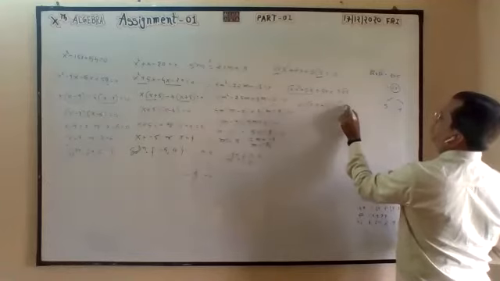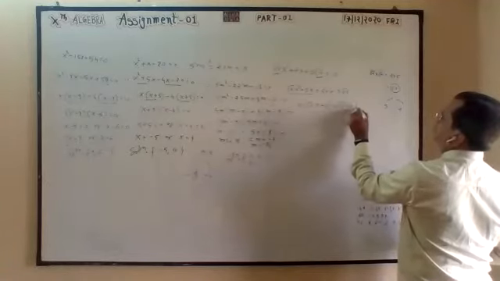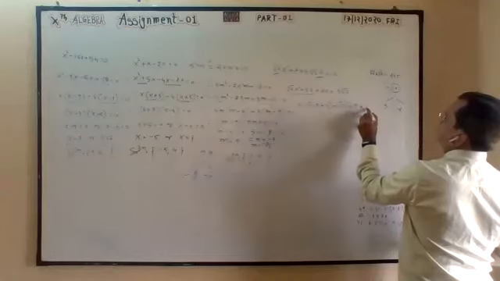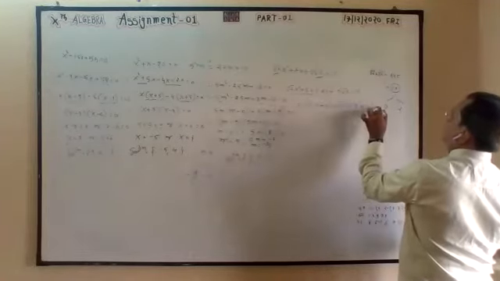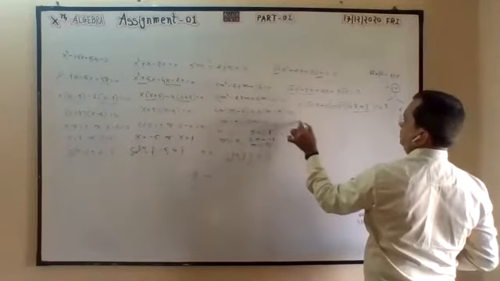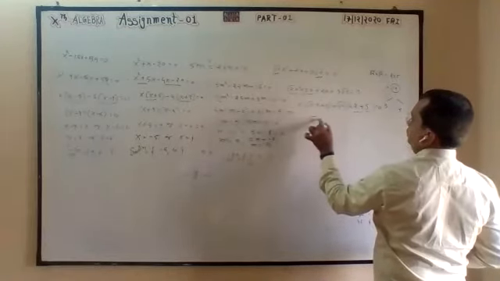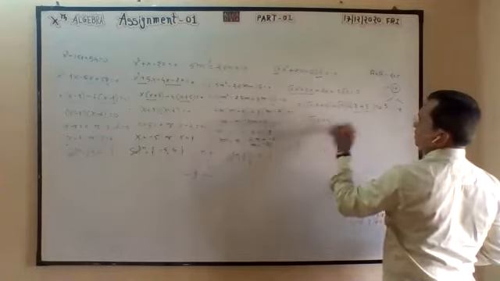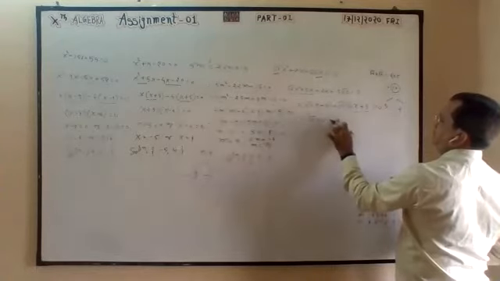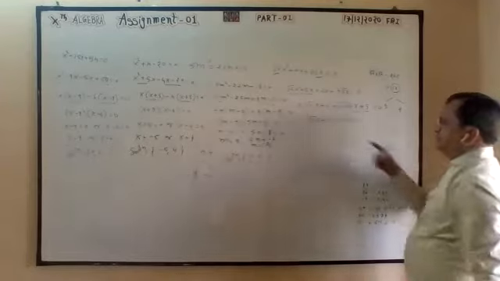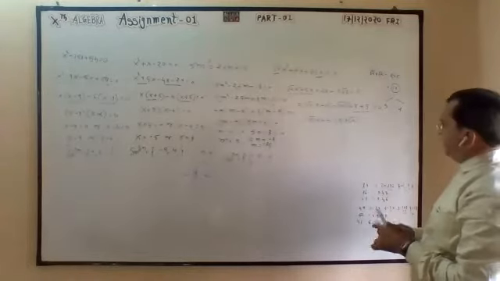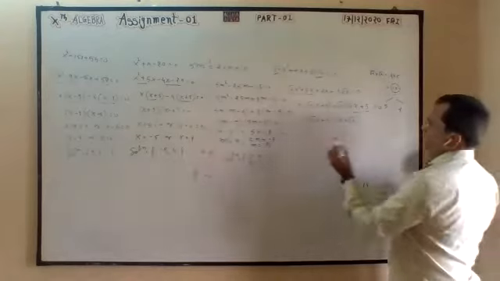Root 2, because root 2 into root 2 is 2. Root 2 x plus 5, that is common bracket and uncommon.